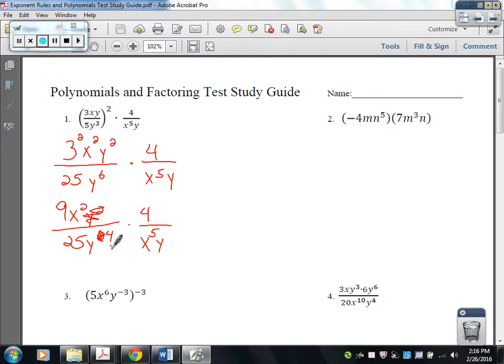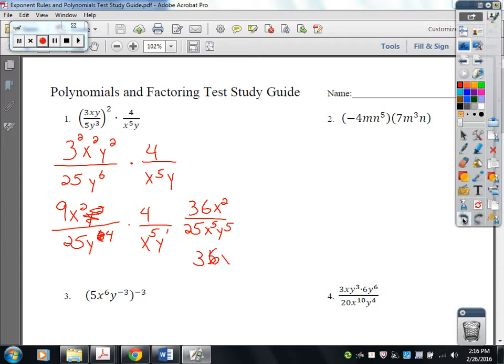And then 9x squared times 4 is 36x squared over 25 x to the 5th y to the 5th. Which simplifies down to 36 over 25 x to the 3rd y to the 5th. And that's that. Alright, next one.